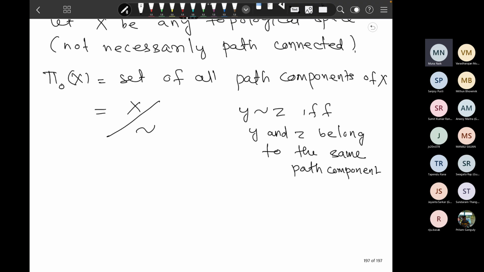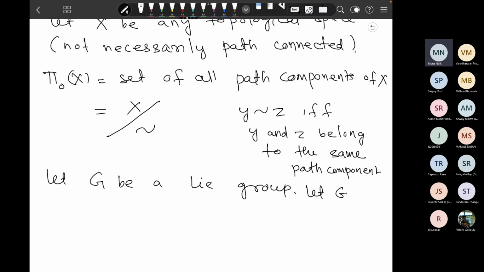So now another thing we are interested in. Let X be equal to G. Let G be a Lie group.